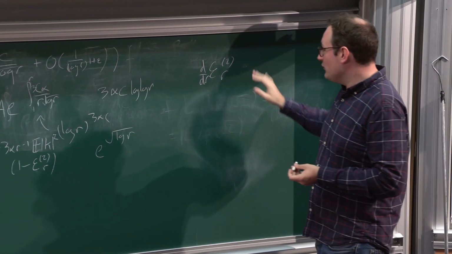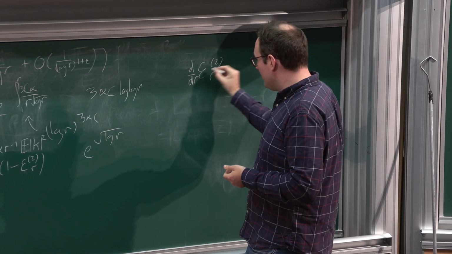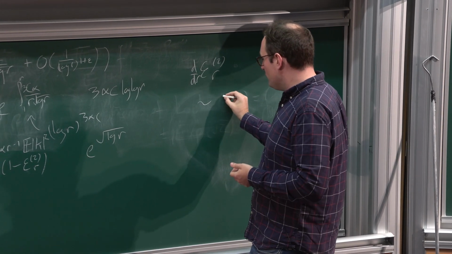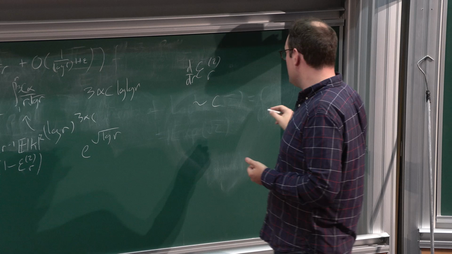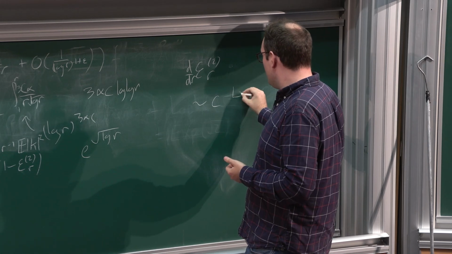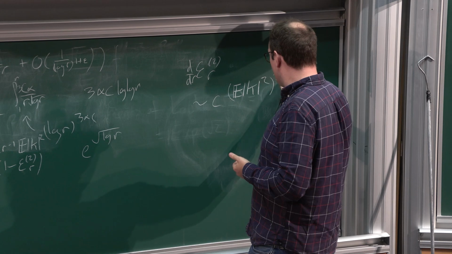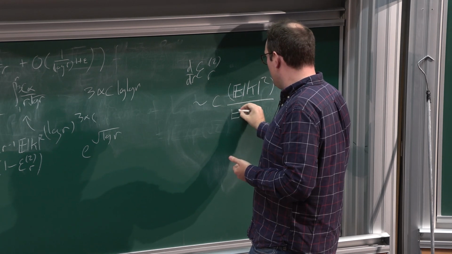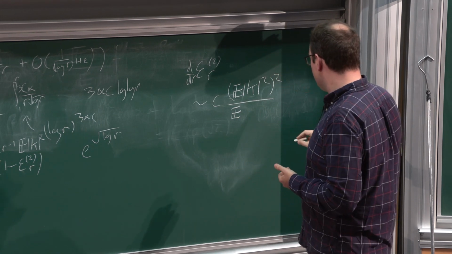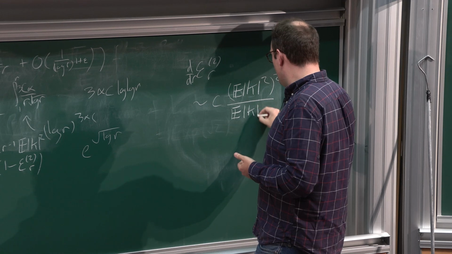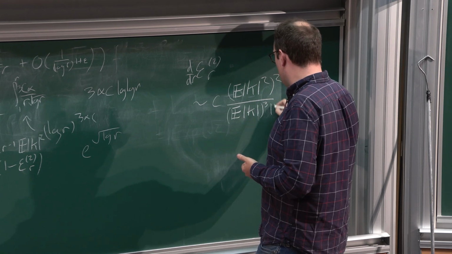And in the end, this gives you a relationship that's basically this error is proportional to some constant times the square of the second moment over the, it should be the cube of the first moment times the volume of the ball.